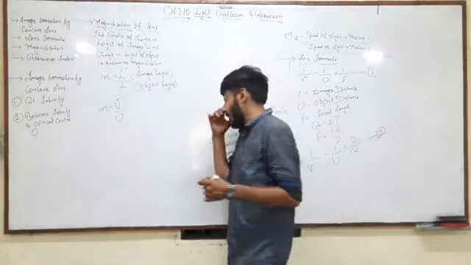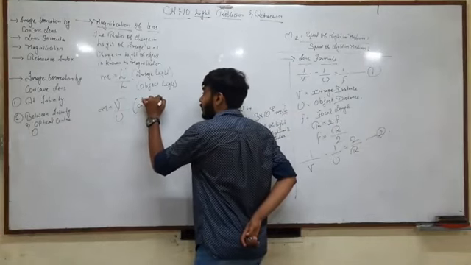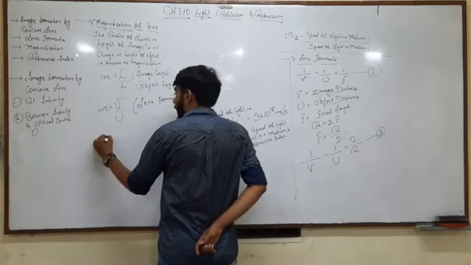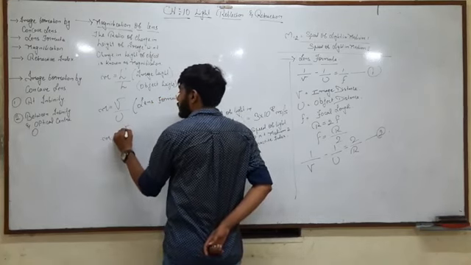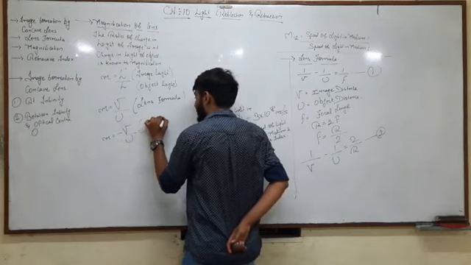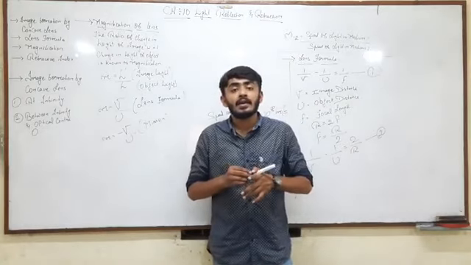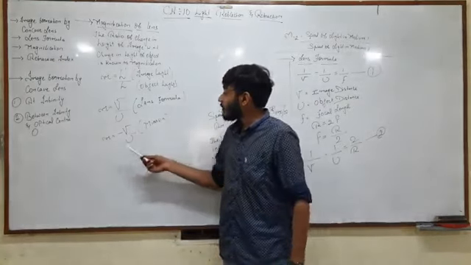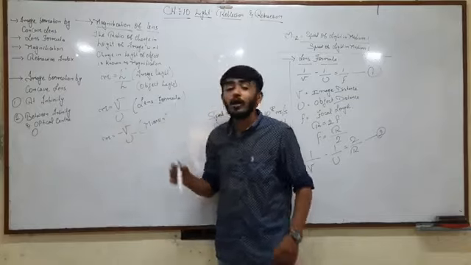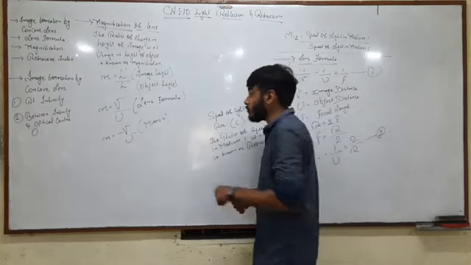So you please remember that m is equals to v upon u will be for lens formula, and m is equals to minus v upon u will be for mirror. Okay, I hope you are clear with this.